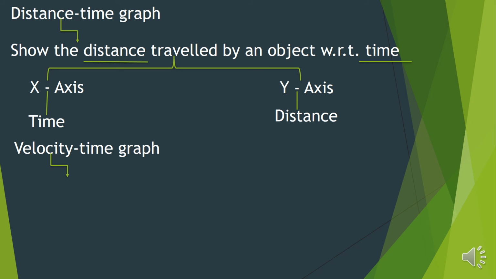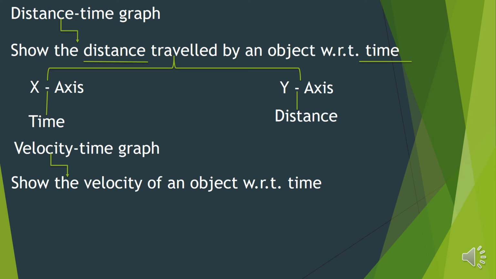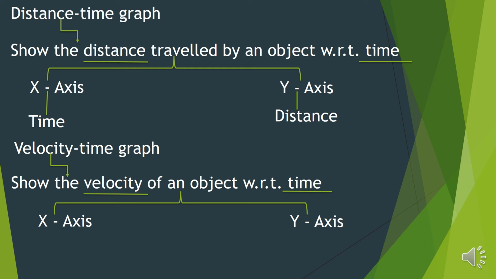Okay. Now see the velocity time graph. What do you mean by this? इसमें हमें जो वेलोसिटी है ऑब्जेक्ट की उसको दिखाना है विथ टाइम. Right, we need to show the velocity of an object with respect to time. Now for this also we have two axes, X axis, Y axis, because we have two quantities, independent quantity, dependent quantity. Now velocity time graph के लिए दो quantity कौन सी हैं? Velocity and time. Now out of velocity and time, again time is the independent quantity.